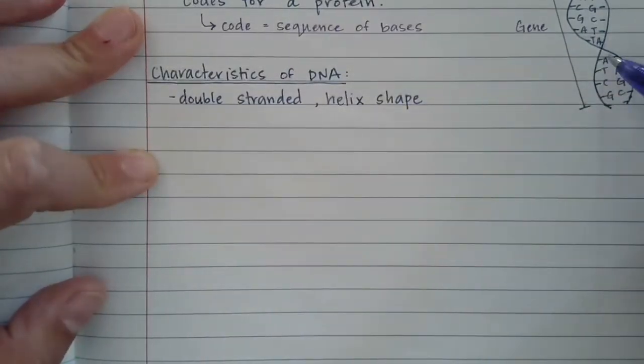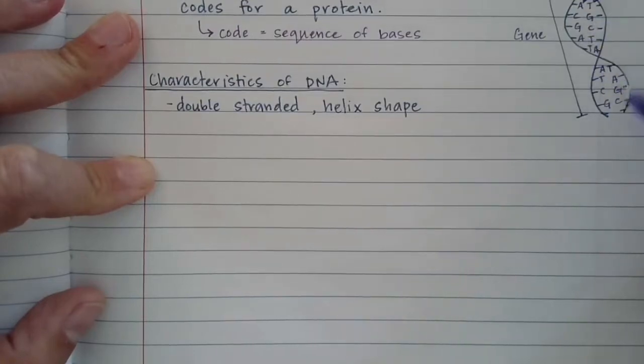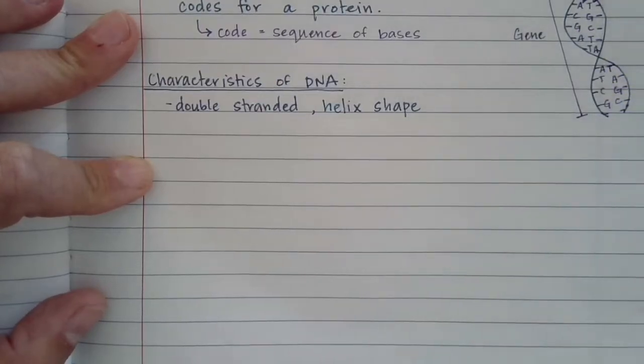A helix is really just a type of spiral. So we can see here that it has this sort of spiral shape. And when we say it's double-stranded, we mean that there's one strand of DNA here, and there's another strand of DNA here.